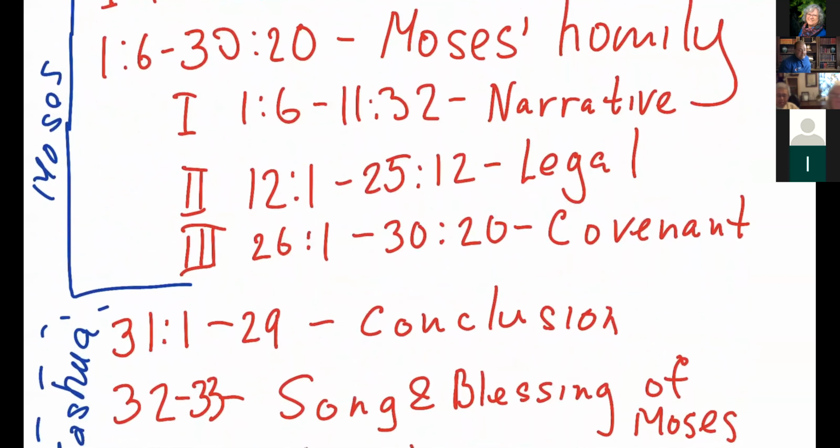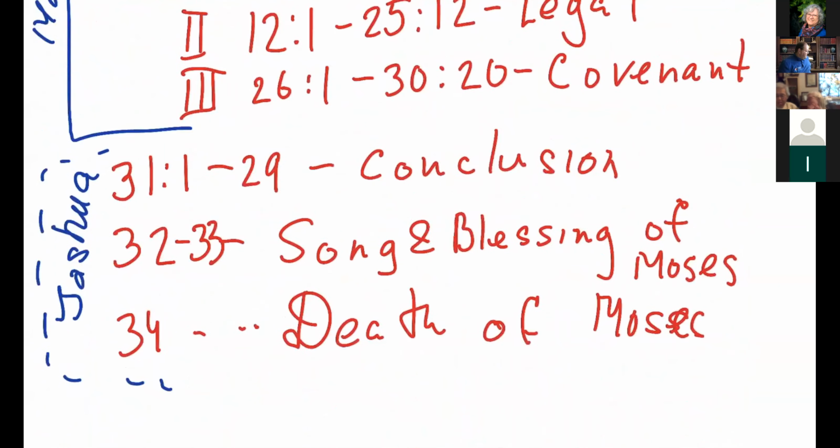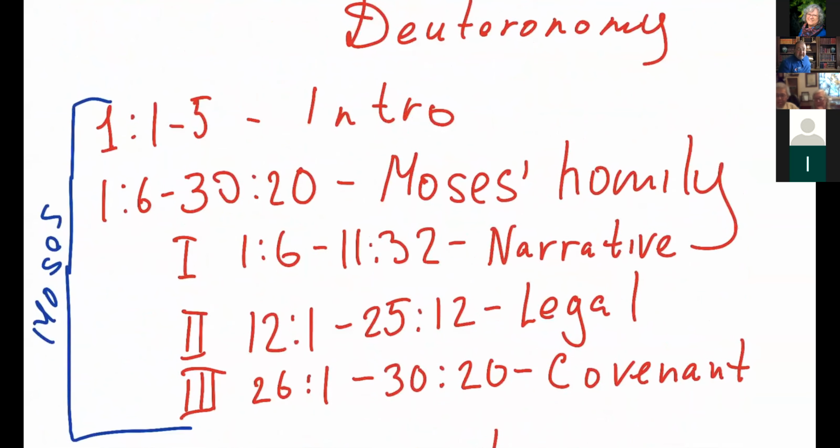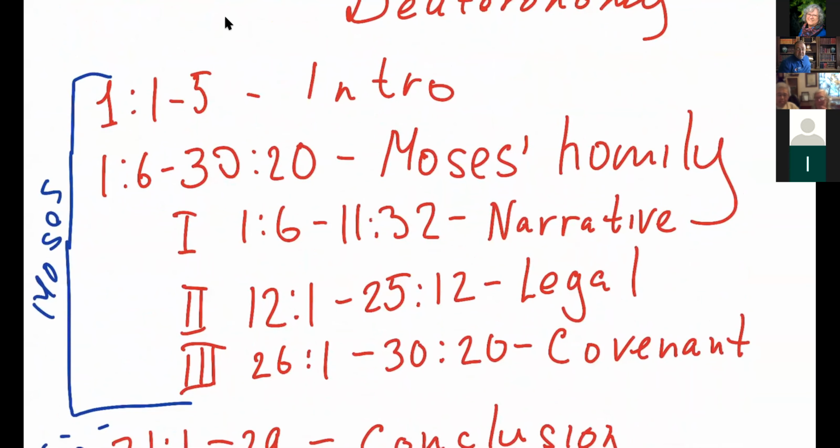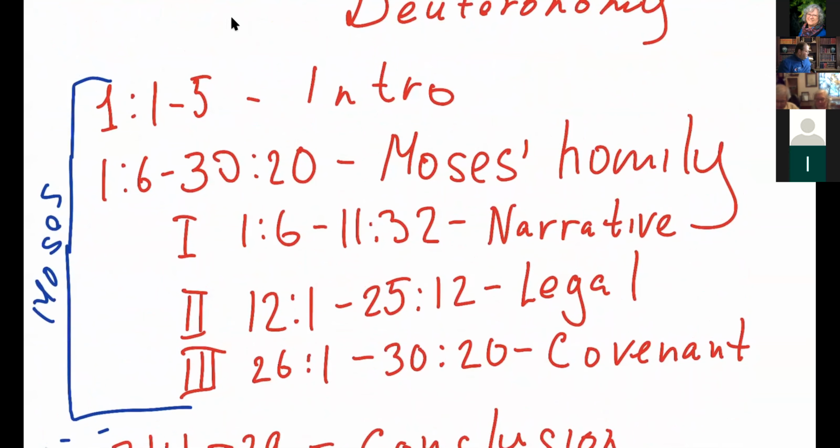This is why we have this structure of the book of Deuteronomy. Okay? So now, knowing what's in there, and we read the intro, it indicates the problem.